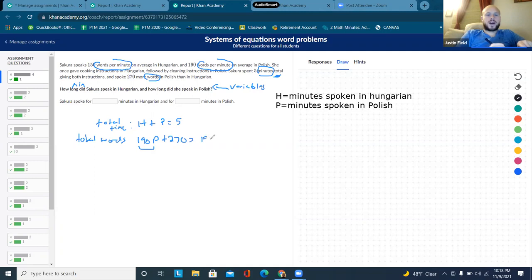That 190 goes over there because she spoke more words in Polish than in Hungarian. So we have to add 270 to our Hungarian words. This is total Hungarian words. And we have to add 270 to that to get the amount of words spoken in Polish.